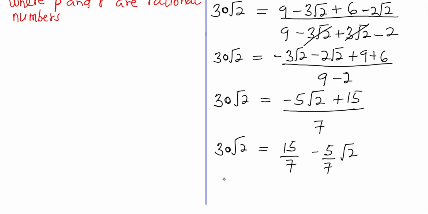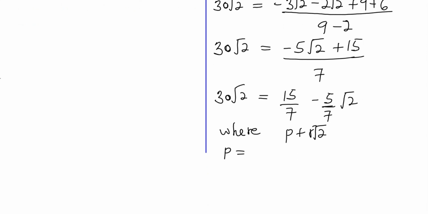So it means that from the question, we should represent it as p plus r square root of 2. Where p now is equal to 15 out of 7, and you can see that our r value now is equal to minus 5 out of 7.